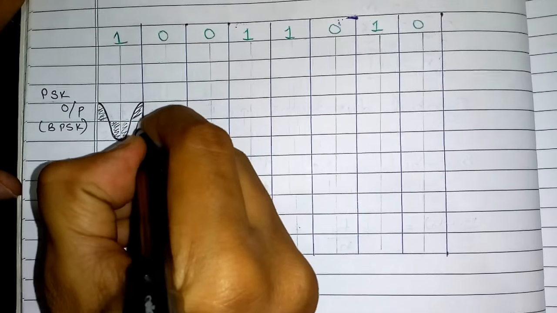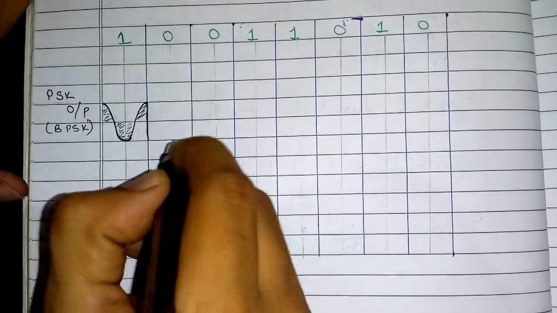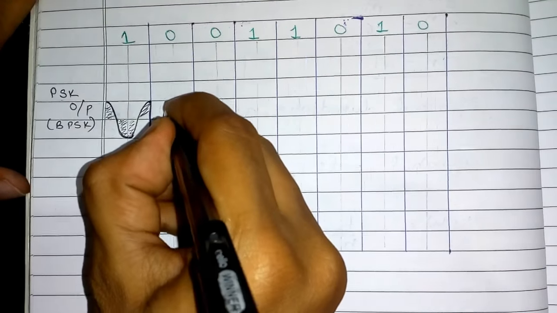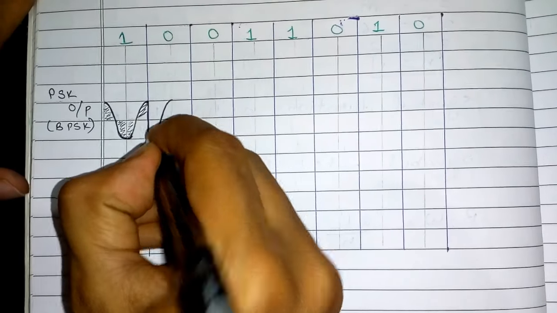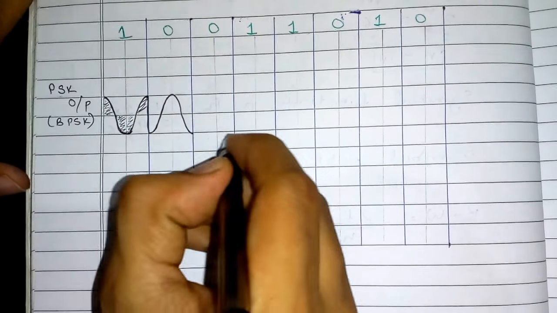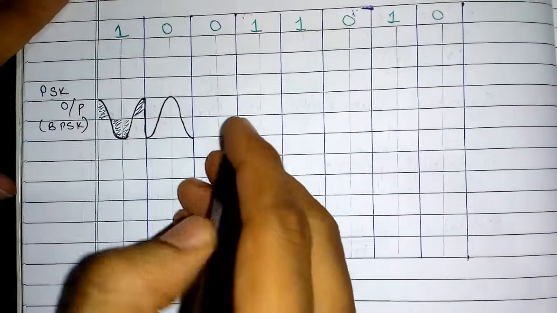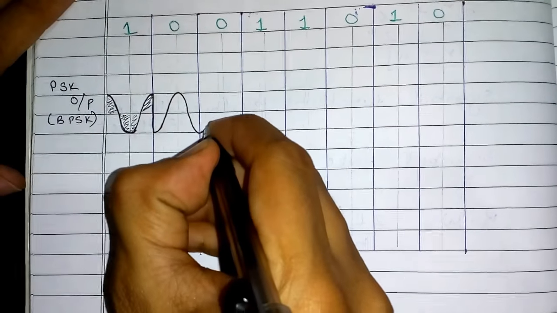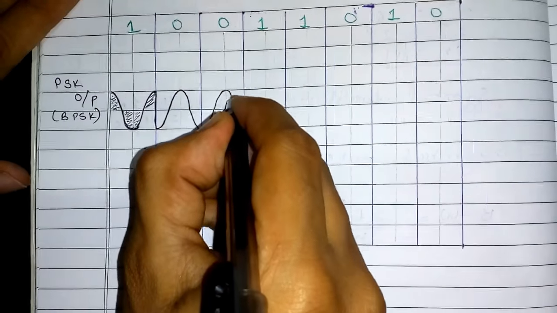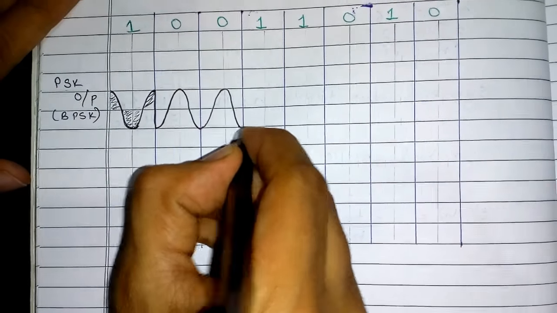For 0, exactly the opposite happens. It starts from low, goes high, then comes back low. Again 0 is encountered, starts from low, goes high, then comes back to low.